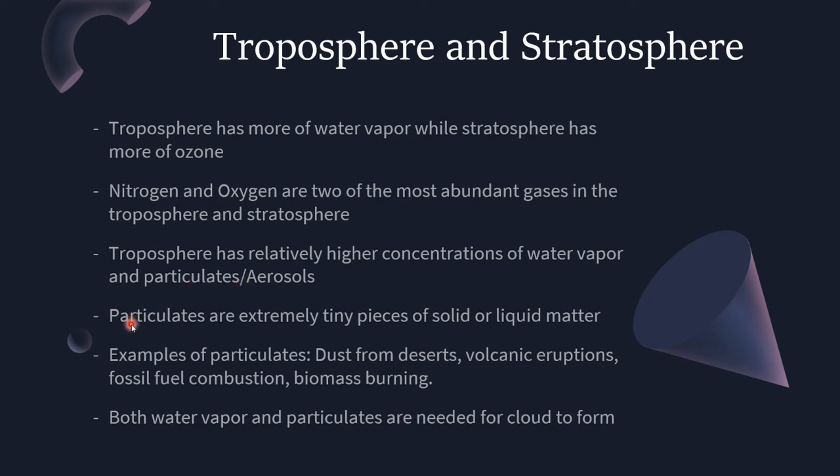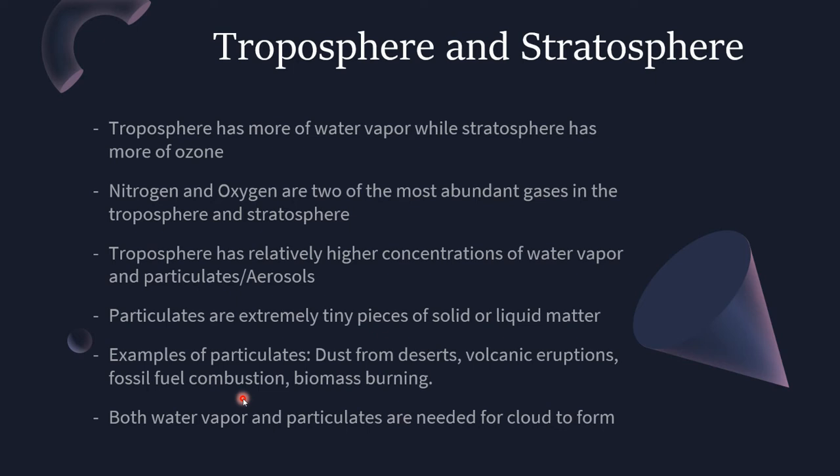Then it's saying that particulates are extremely tiny pieces of solid or liquid matter. And there are some examples, like dust. Oh yeah, I've been talking about that. Dust from desert, that's a particulate. Then volcanic eruptions release lots of particulates from the volcano. Then fossil fuel combustion, even from your car when you're driving, when you're burning the fuel.